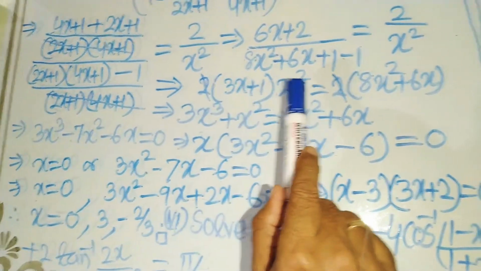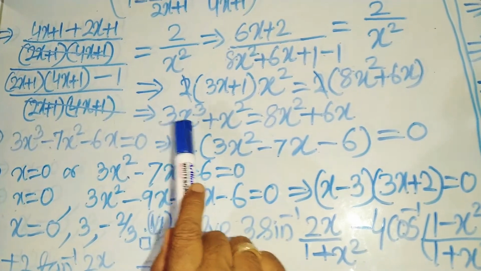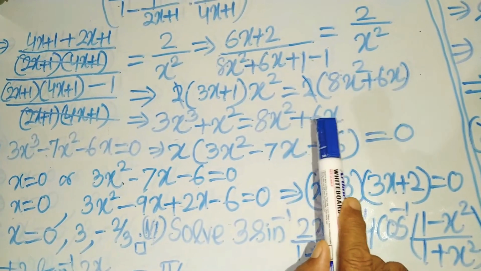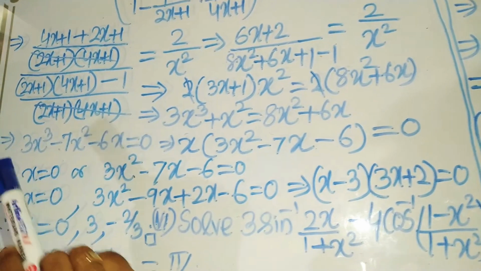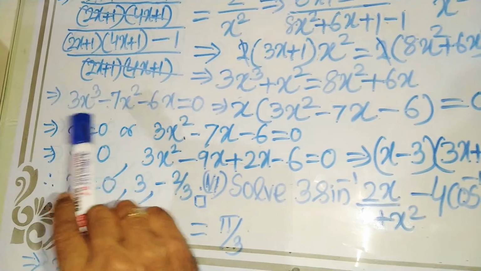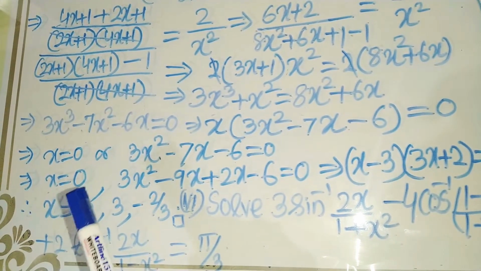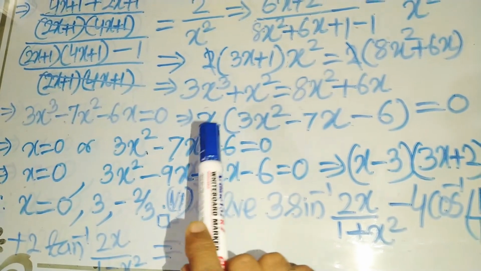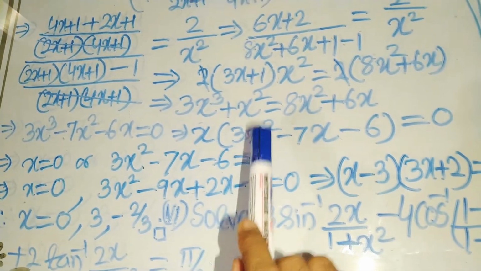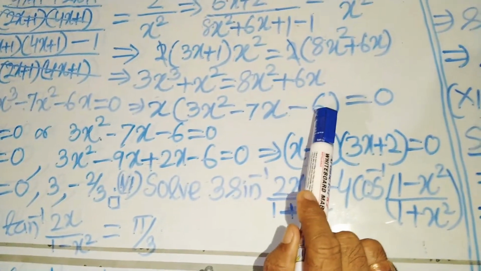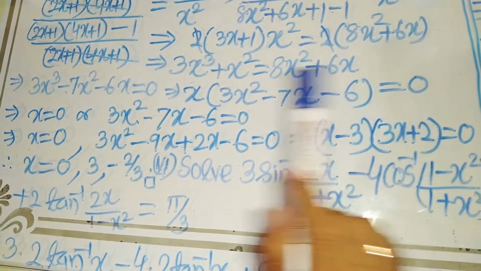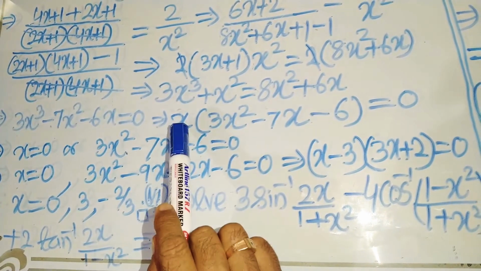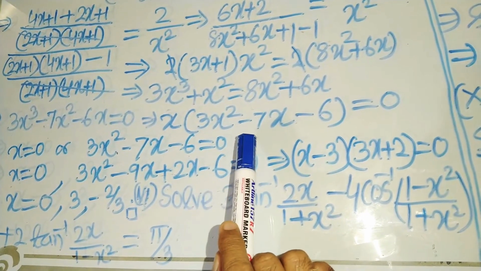On multiplication, this implies 3x cube plus x square is equal to 8x square plus 6x. Then this implies 3x cube minus 7x square minus 6x is equal to 0, which implies x into 3x square minus 7x minus 6 is equal to 0. Then either x is equal to 0 or 3x square minus 7x minus 6 is equal to 0.